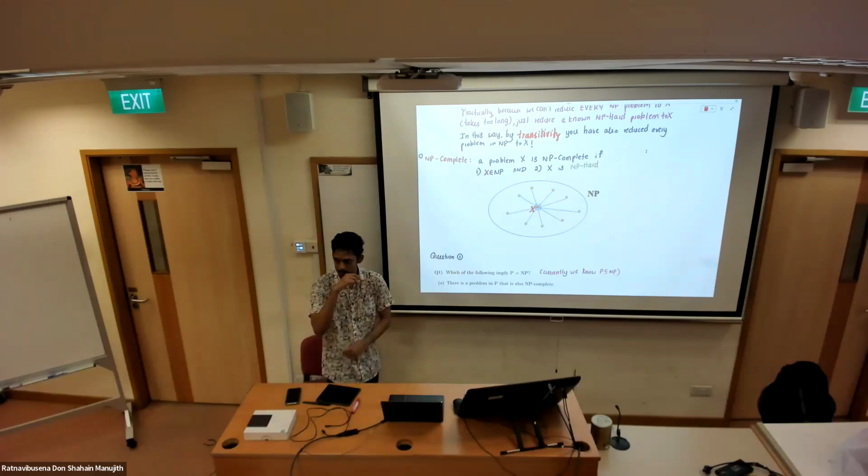It means that if there is a problem in P that's also NP complete, then NP complete means it's NP hard also, right? Then what does it mean to be NP hard? Everything in NP reduces to it, right?